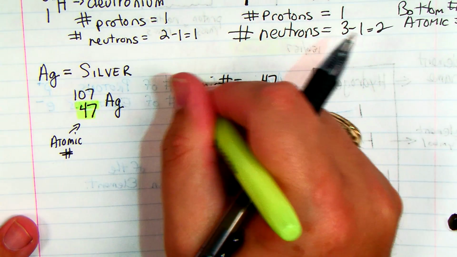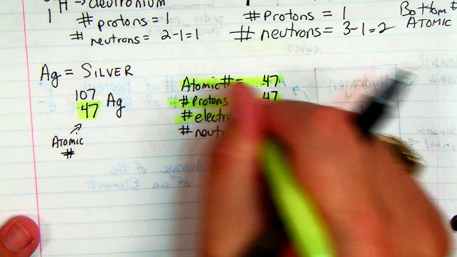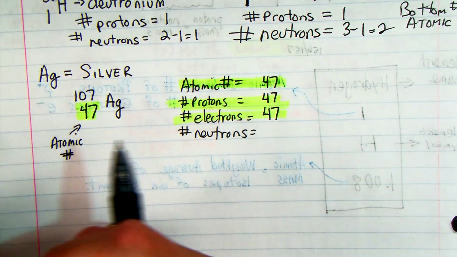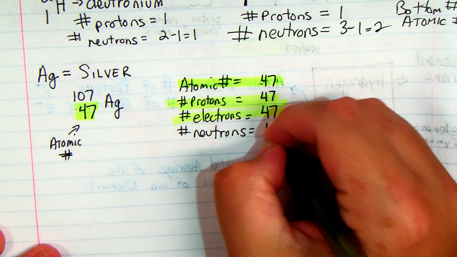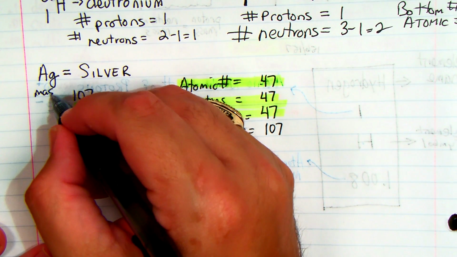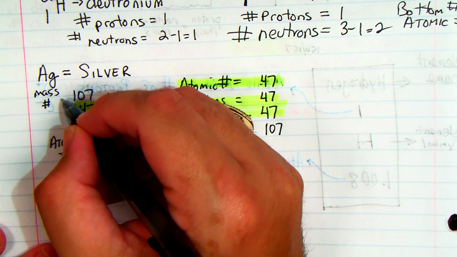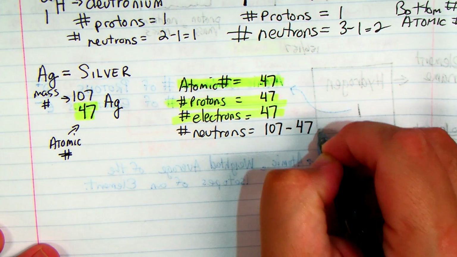Those four things are the same. Now, for neutrons, how do I calculate the number of neutrons? Yeah, 107, the top number here, the mass number, minus the atomic number, which is 60.